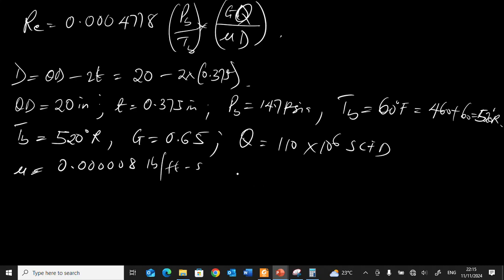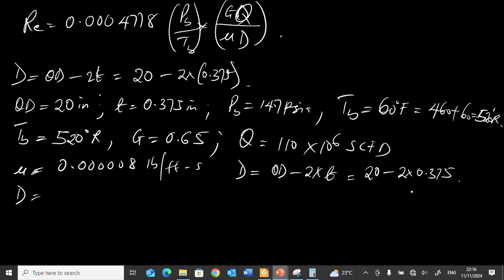We also have the internal diameter of the pipe, which is the outer diameter minus 2 times the wall thickness. So we have 20 minus 2 times 0.375. 2 times 0.375 gives you 0.75.